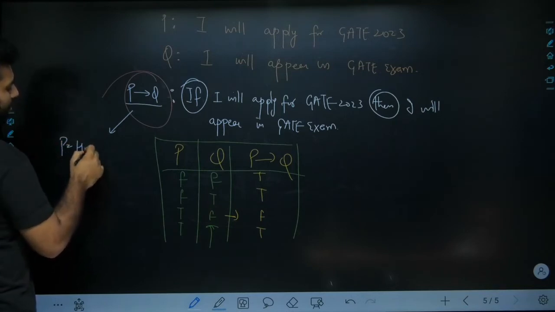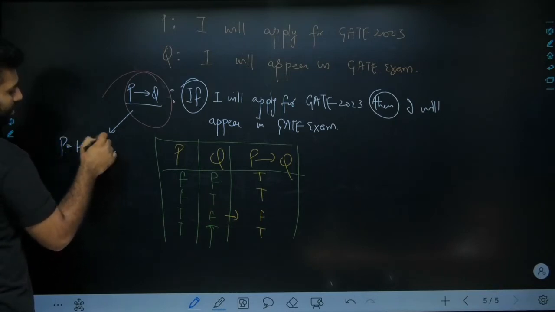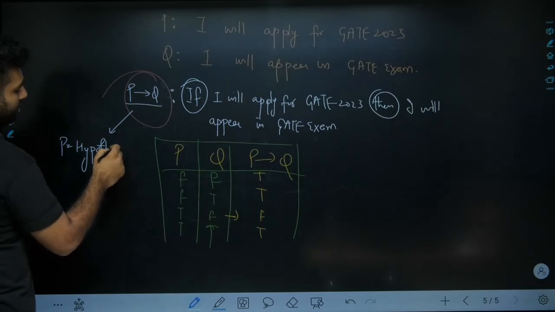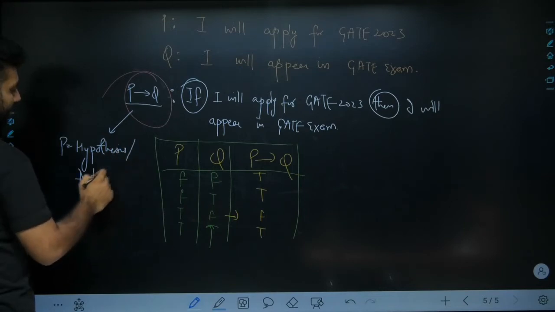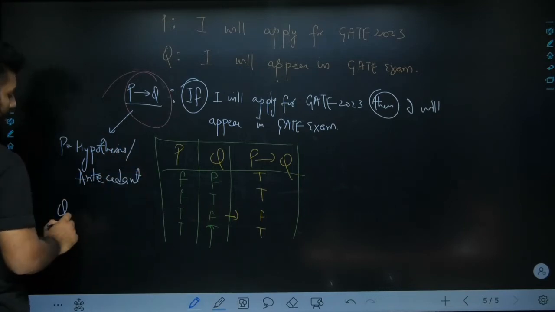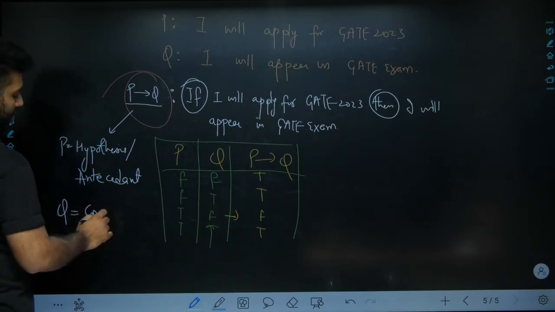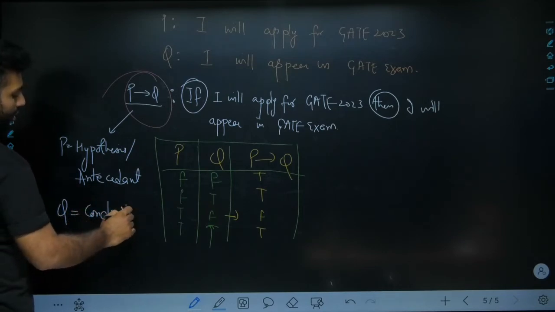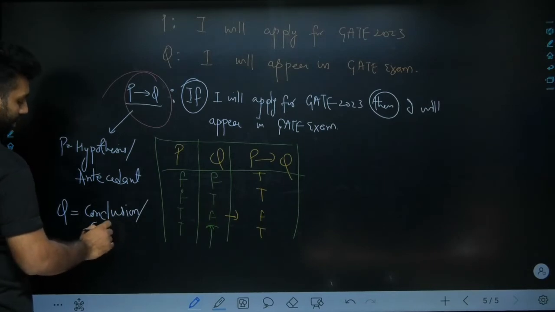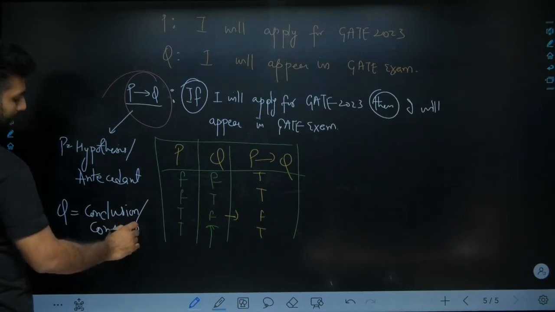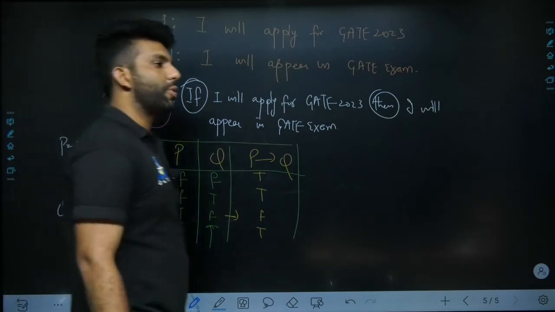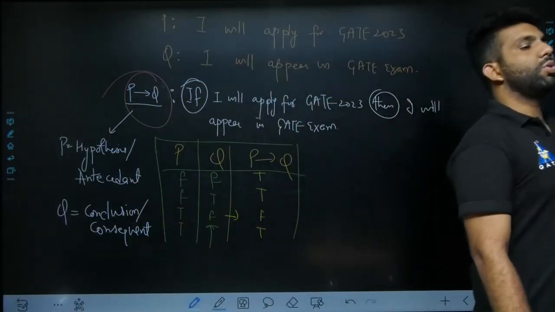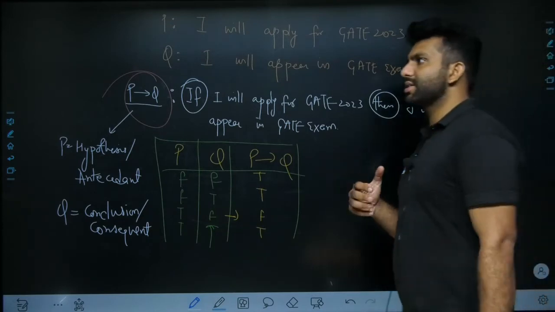You can also call P your hypothesis or the antecedent, and Q is called your conclusion or consequent. This is important. Conclusion or consequent.